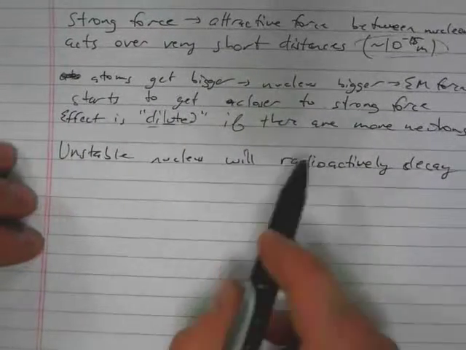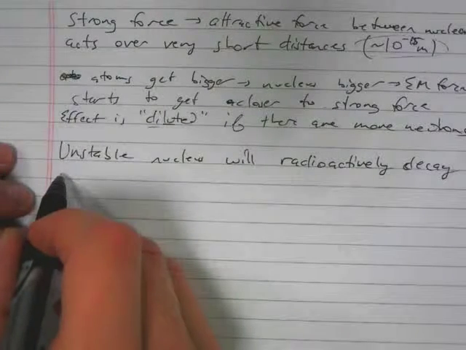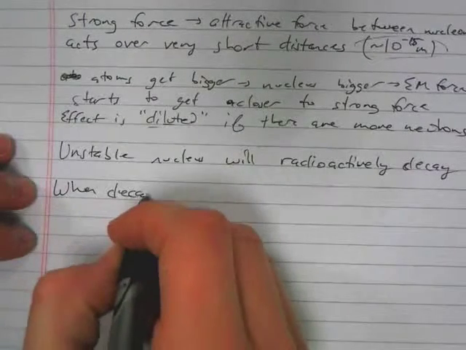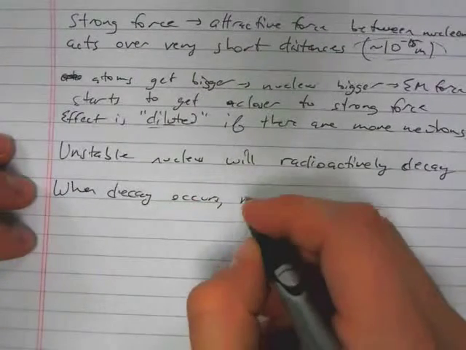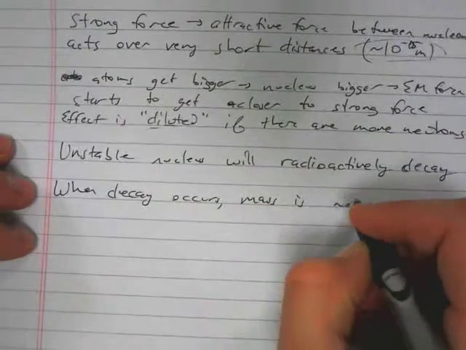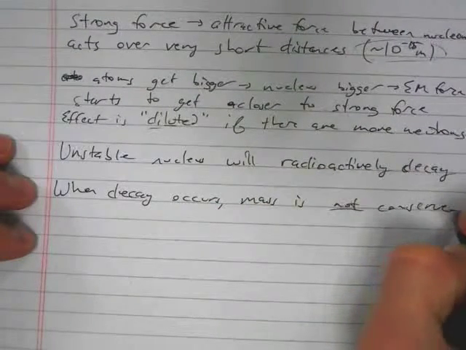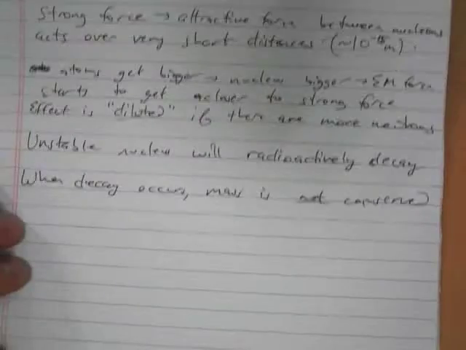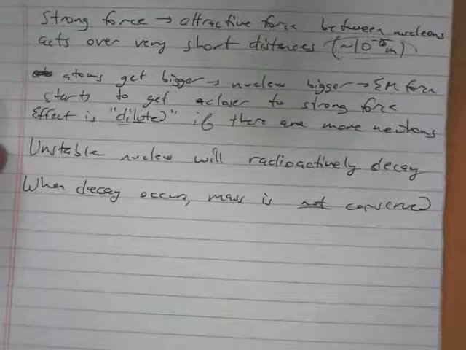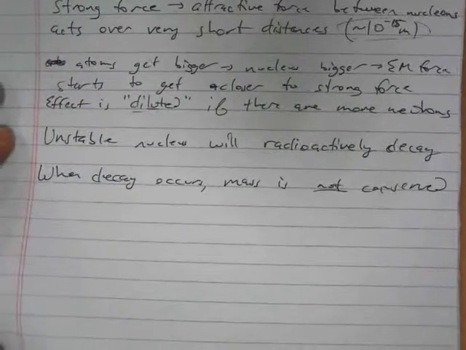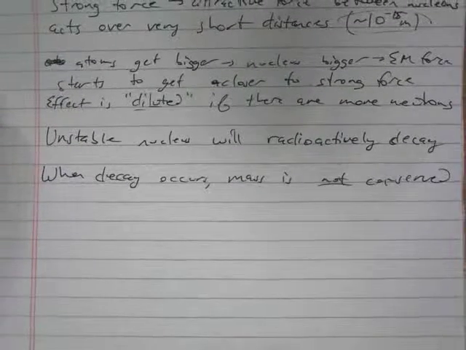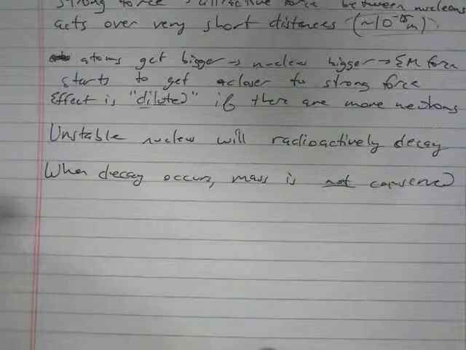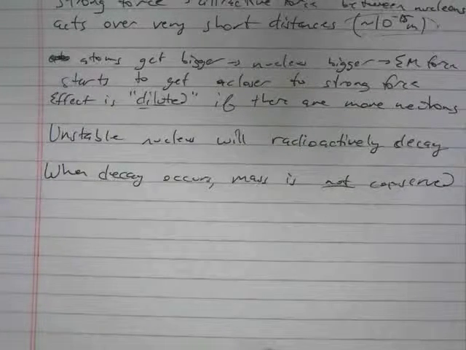Now, when decay occurs, mass is not conserved. Classically, the conservation of mass was one of the fundamental laws of the universe. But quantum mechanically, it isn't just mass that's conserved, it's this combination idea of mass and energy together being conserved.